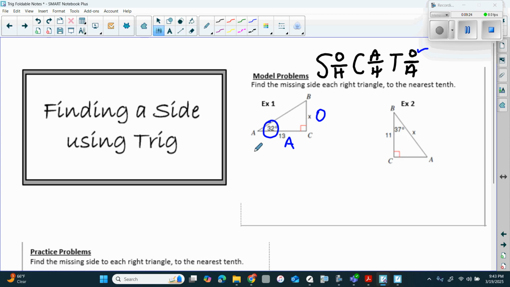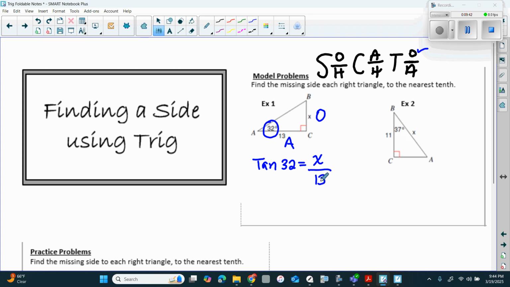So we're going to write a proportion, an equation with tangent. Tangent of 32 degrees is equal to the opposite, which is the x, over the adjacent, which is 13.